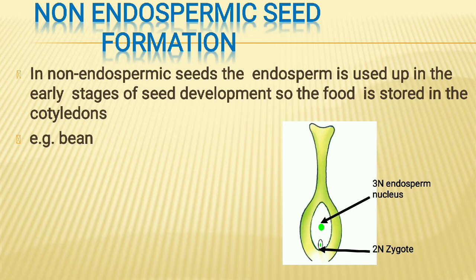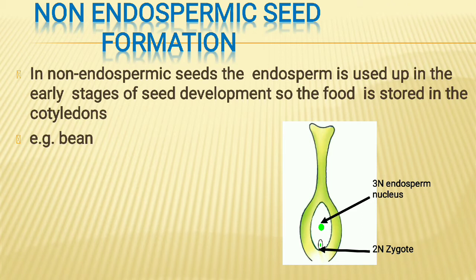Next are non-endospermic seeds, meaning the seed which doesn't contain any endosperm. What happens in non-endospermic seeds? The endosperm is used up in the early stages of seed development, so the food is stored in the cotyledons. Why is there no endosperm in the seed? Because during the development of the seed, the embryo consumes all the endosperm, so at the end of development we can't see any endosperm.